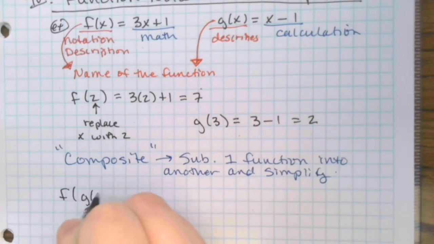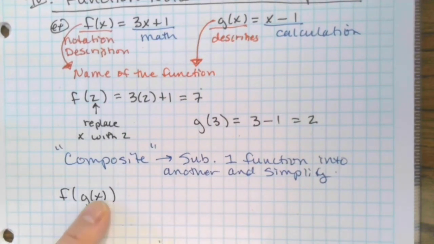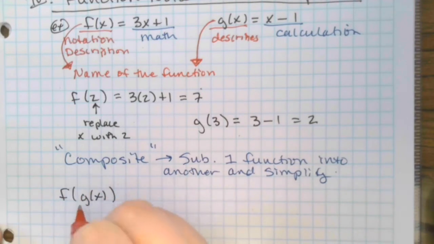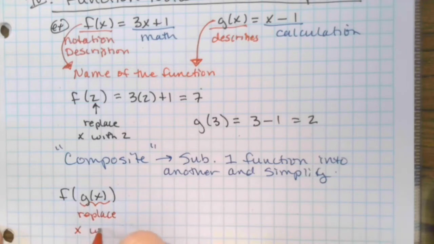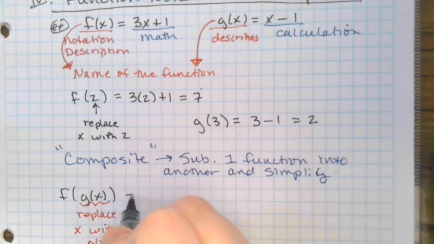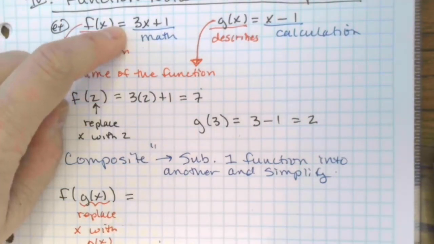An example of a composite, using our ones up here, would be f of g of x. So the inside one says we're going to leave the x in g. The composite part is that we're going to take this whole expression and we're going to replace x in f with g of x. So what does that look like? Well, remember f of x is 3x plus 1.